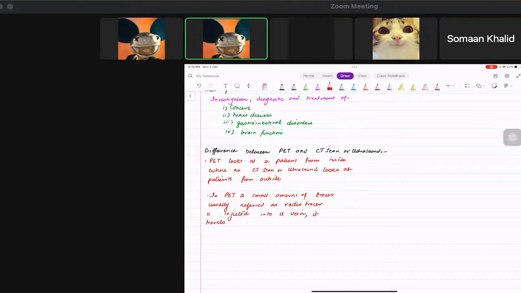It travels around the body and is absorbed by organs and tissues. Okay.